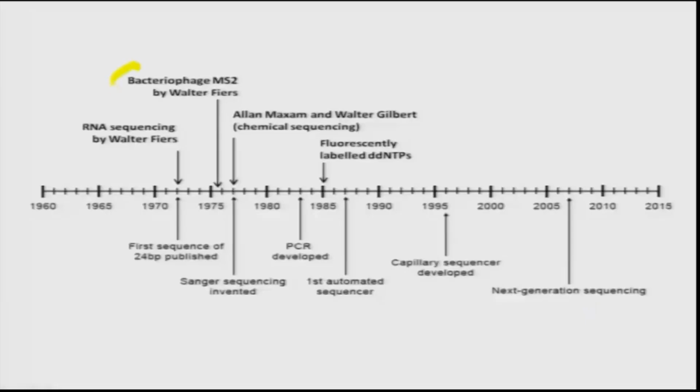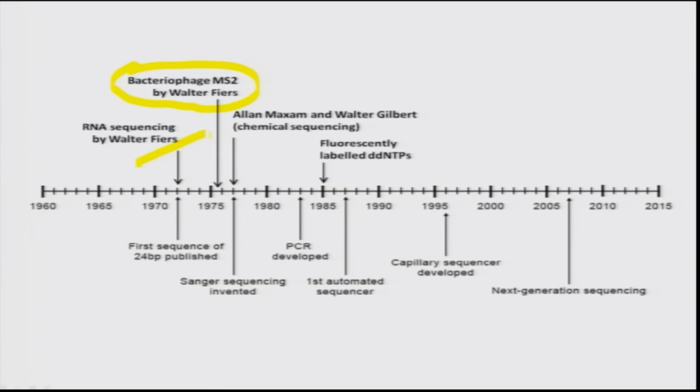That approach was possible because of the cloning techniques that evolved, which we discussed, called recombinant DNA technology. And because of the RNA sequence, chemical-based sequencing was possible, which was developed by Walter Fiers in the early 1973 or so.